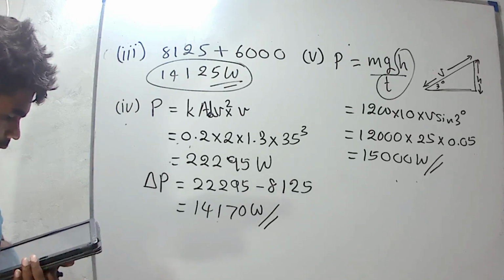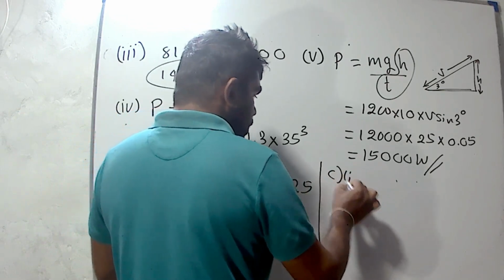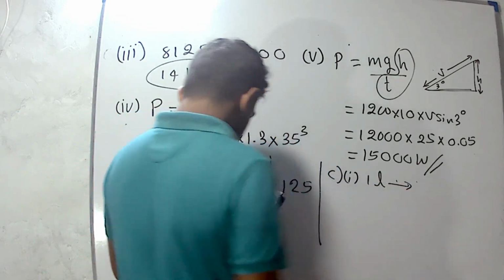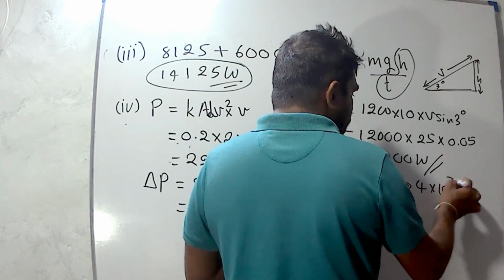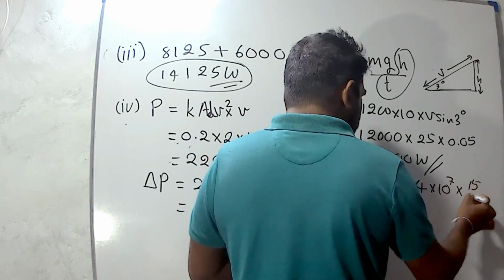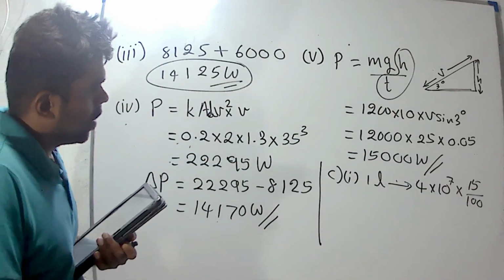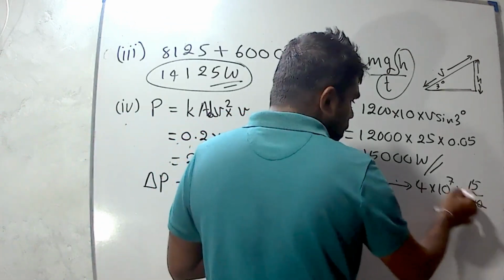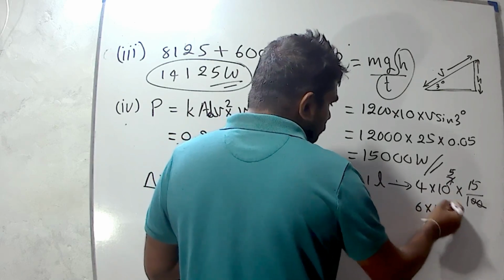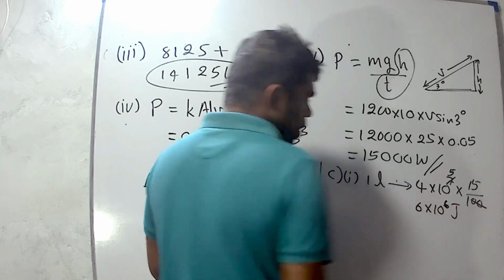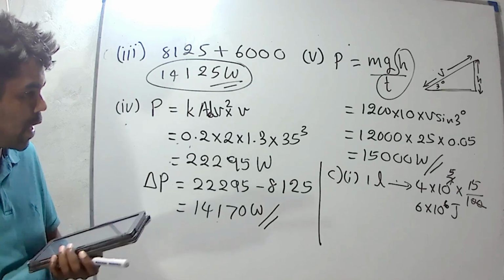We know that the energy given by 1 liter of fuel is 4 into 10 to the power 7, but we can effectively get 15% of this. It is given in the question. Then we can simplify it: 4 times 15 is 60, so 6 into 10 to the power 6 joules. It is the effective energy released by 1 liter of fuel.